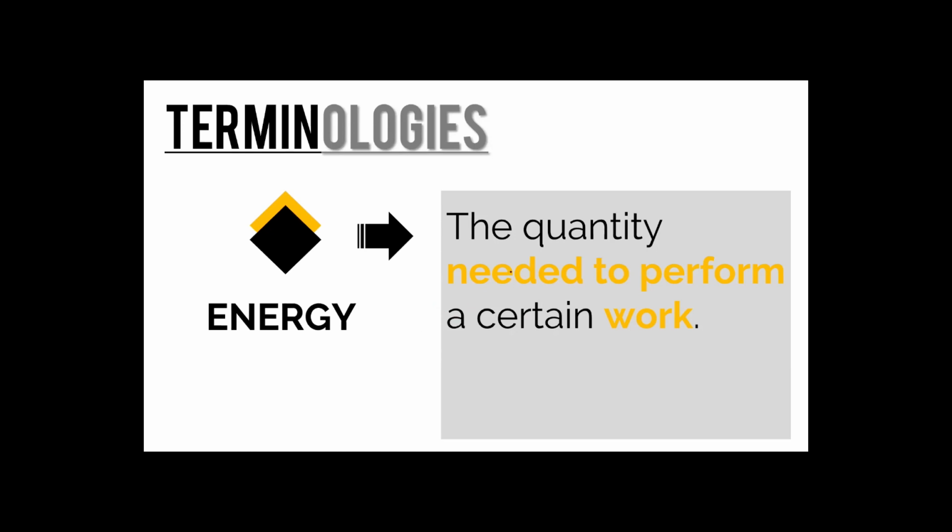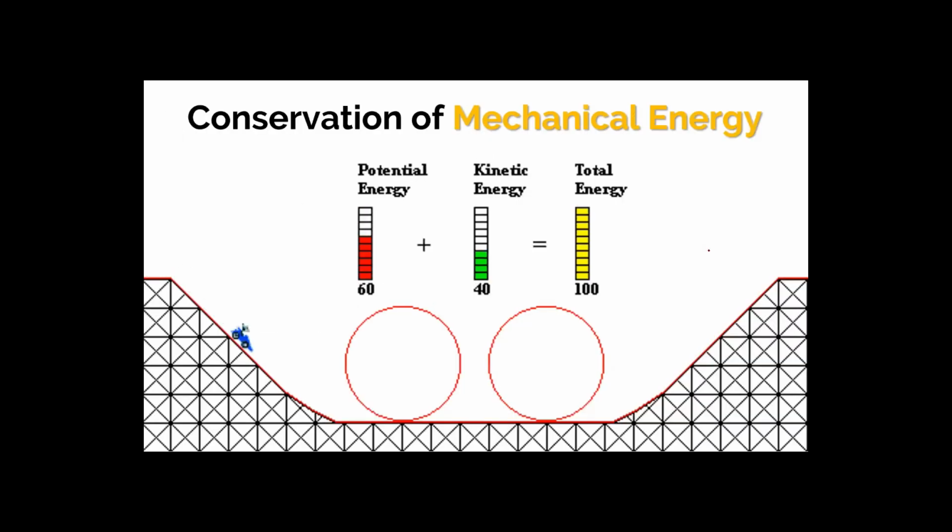So there are two types of energy, the potential energy and the kinetic energy. If we combine the potential energy and kinetic energy of an object or a person, that is the total energy of that particular person or object.